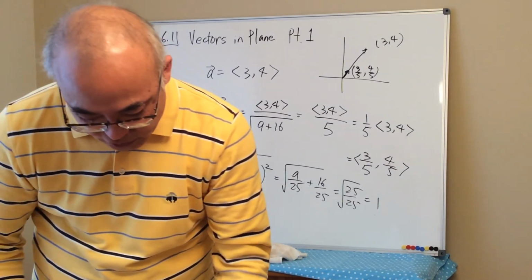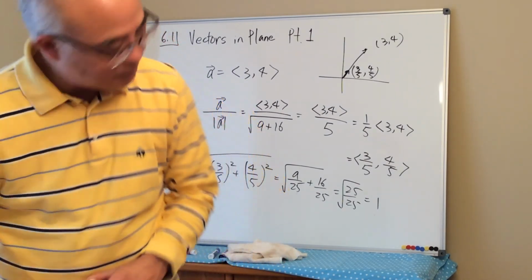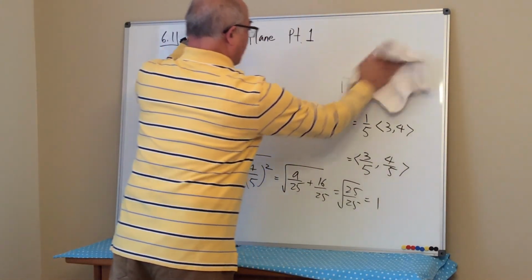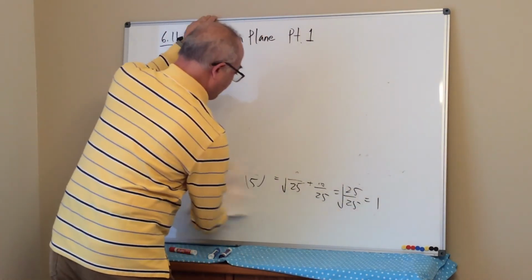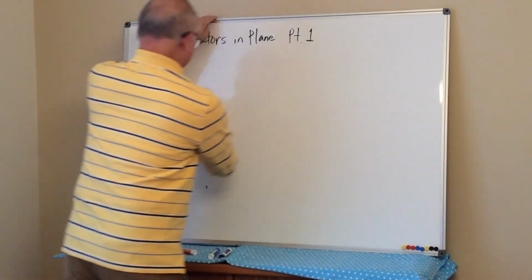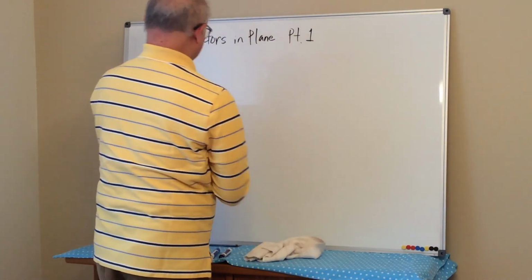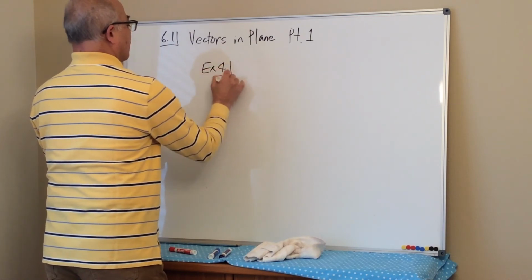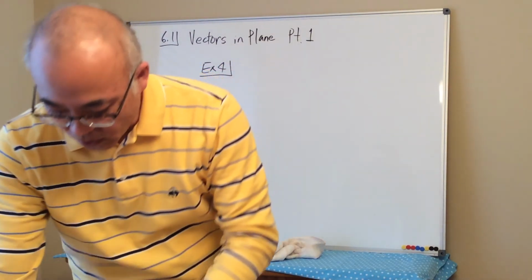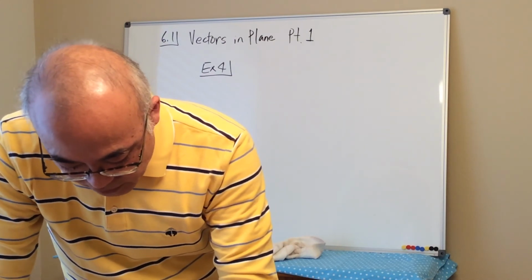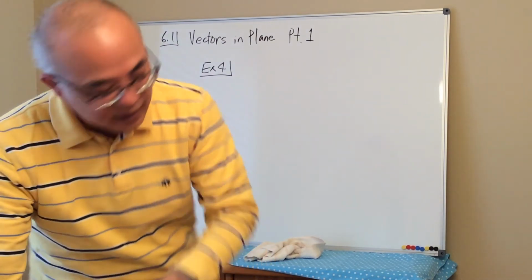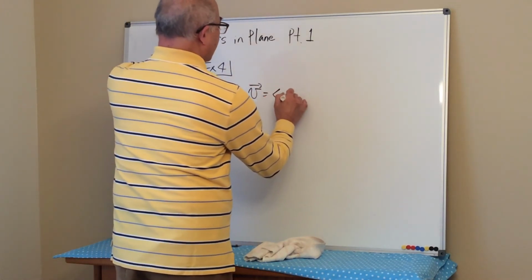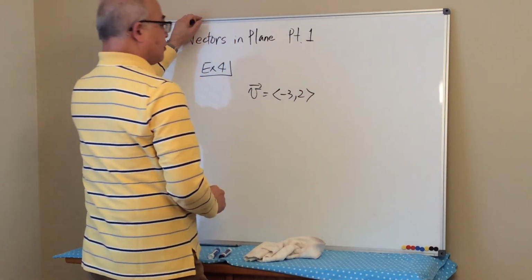Let's do example number 4 on the unit vector. Find the unit vector of the direction vector v equal to (-3, 2).